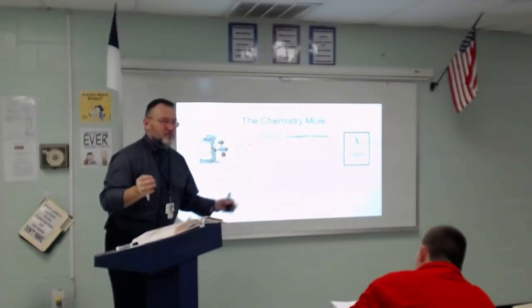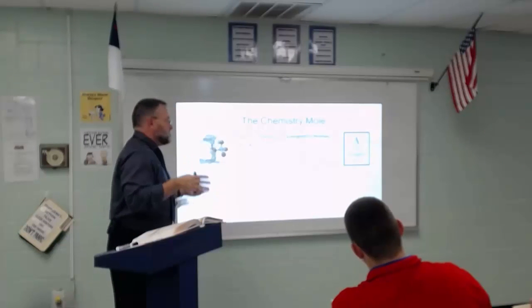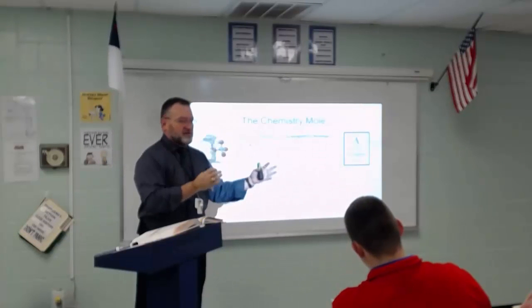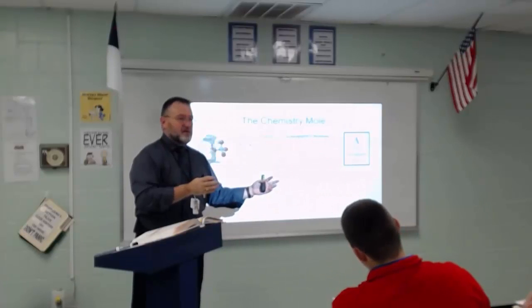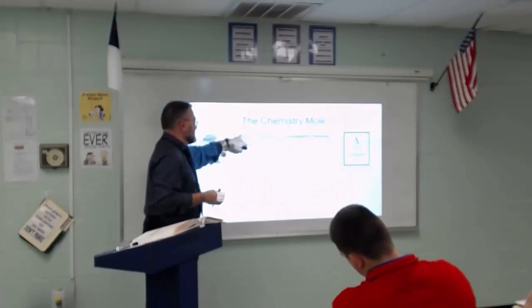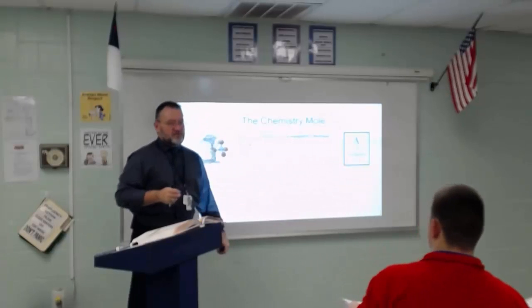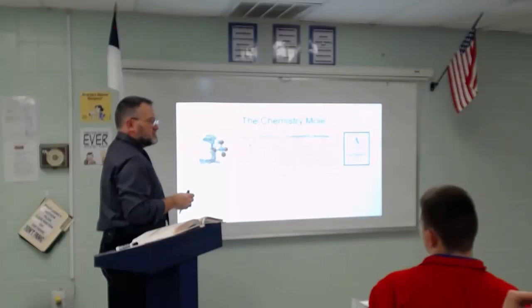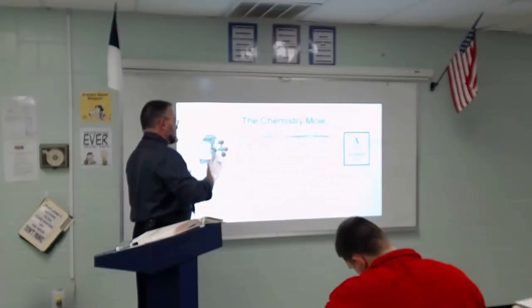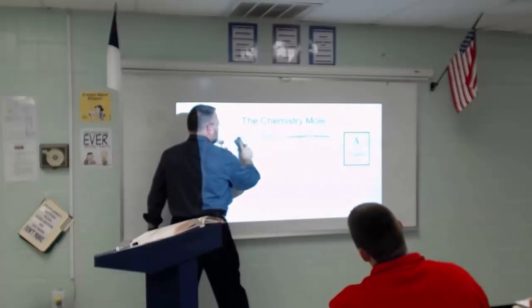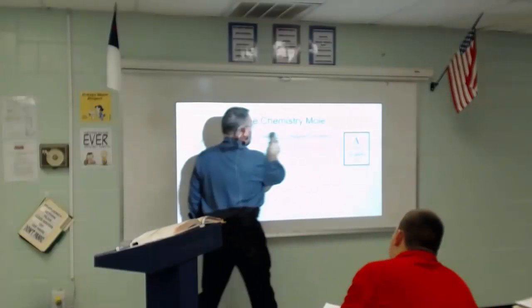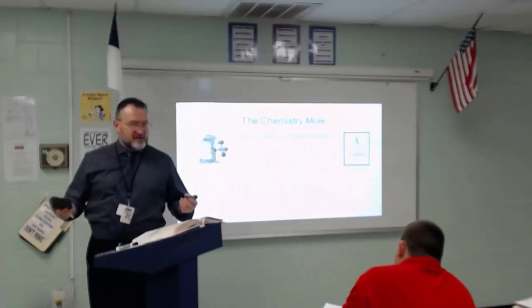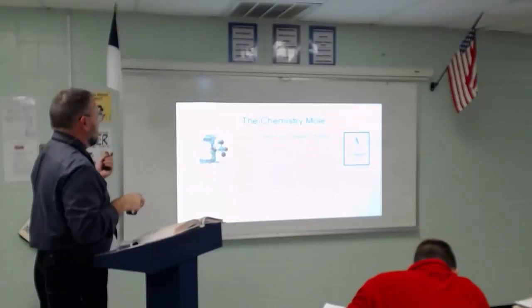If I told you that I had 37 times 10 to the 23rd molecules of something, you could tell me how many moles I have by dividing that by Avogadro's number. So the way to learn it right now: how many do you have is equal to the number of moles times Avogadro's number. And if you have that equation down, you can rearrange it to solve for the moles.